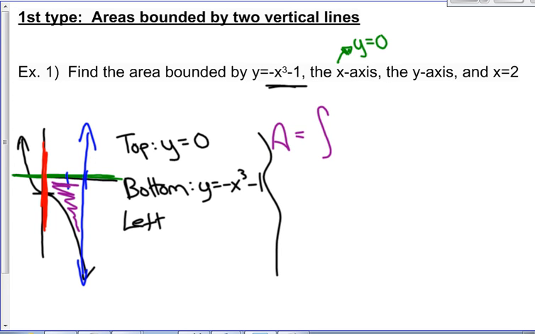Well, that red line is at an x value of 0. And the left and rights are just values. And the right boundary would be 2. So the area is the integral from left to right of top minus bottom.